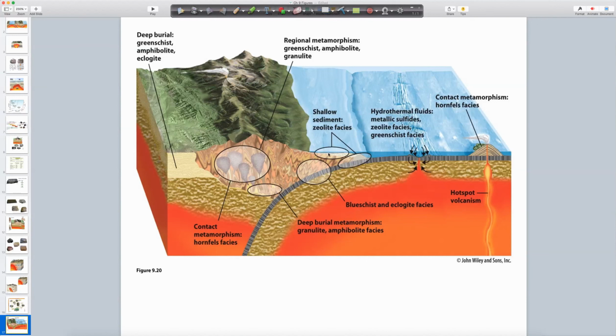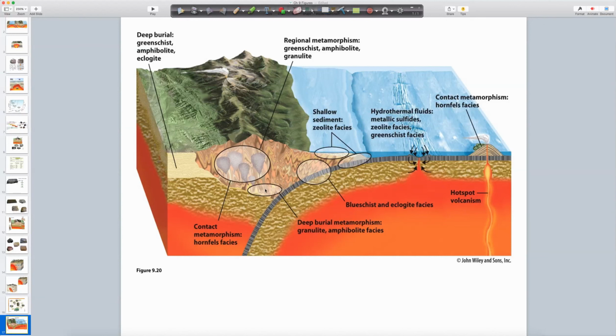Over here you have zeolite facies because the sediment is being buried, so it's only going to undergo very minor compaction. So the accretionary prism right here is also going to have zeolites, but as you're subducting, you're putting it under extreme pressures faster than it can heat up, so you get blue schist and eclogite depending on how far it goes.